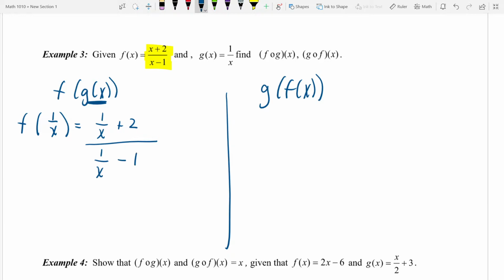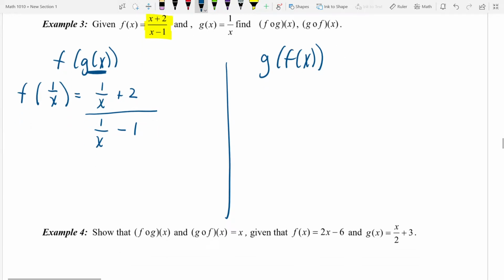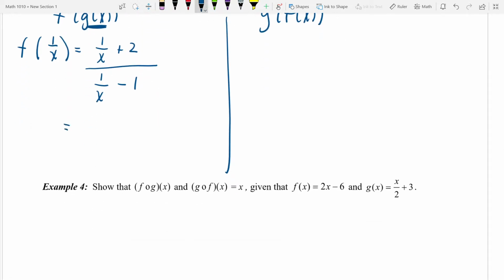Who says gotcha? Okay, hang on. On the top, I need to simplify this. I cannot add those things together unless I have a what, everybody? What do you have to have in order to add fractions?